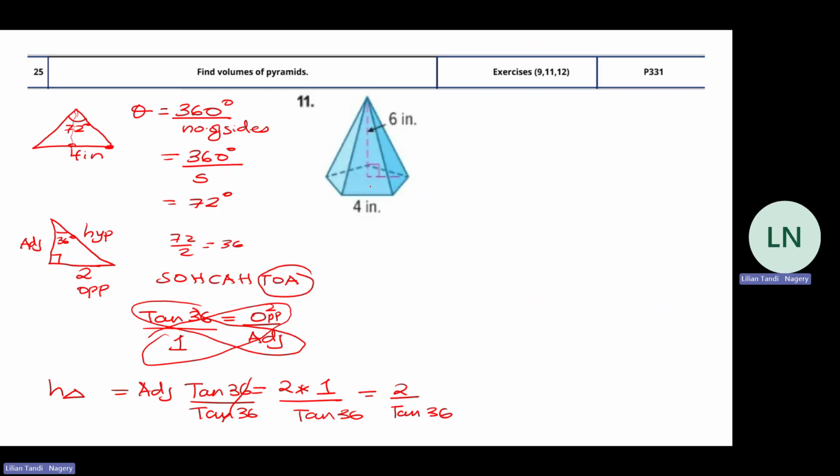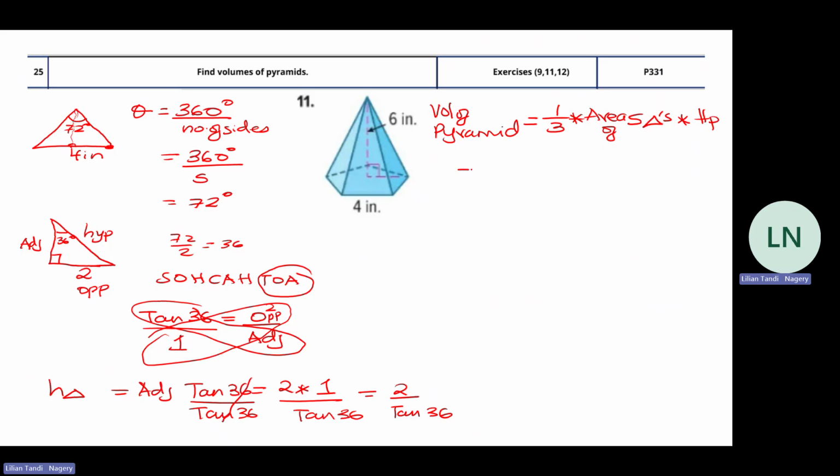So now remember the base has 5 triangles, okay? So this is the height of one triangle. So now I want to find the volume of this pyramid. So I'm going to write volume of pyramid equals 1/3 multiply area of 5 triangles, because that's my base, and then multiply by the height of the pyramid.